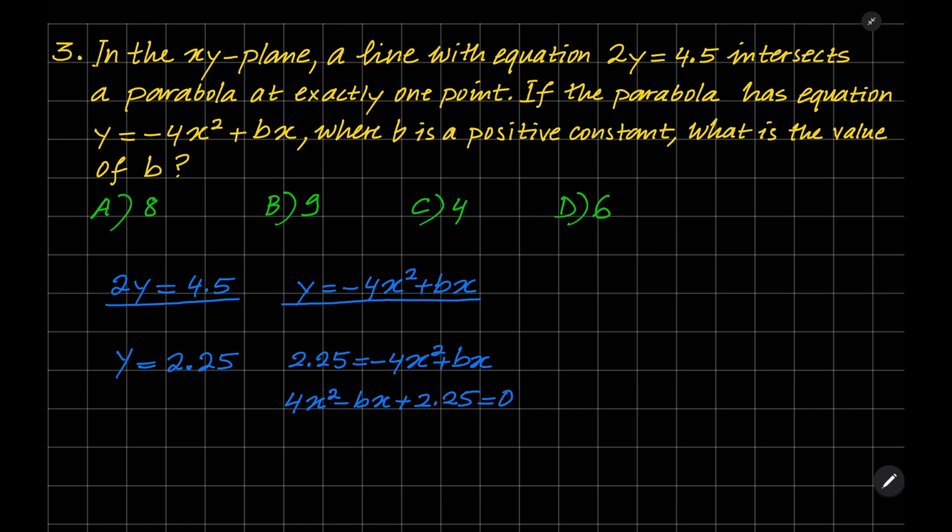A quadratic equation in the form of ax squared plus bx plus c equal to 0, where a, b, and c are constants, has exactly one solution when the discriminant b squared minus 4ac is equal to 0.